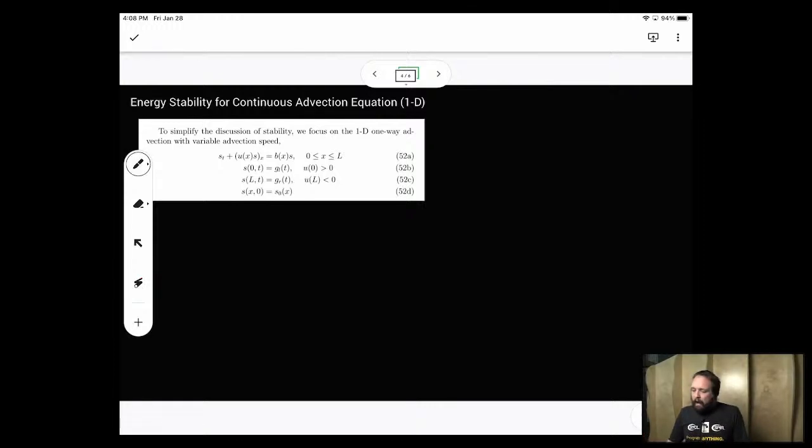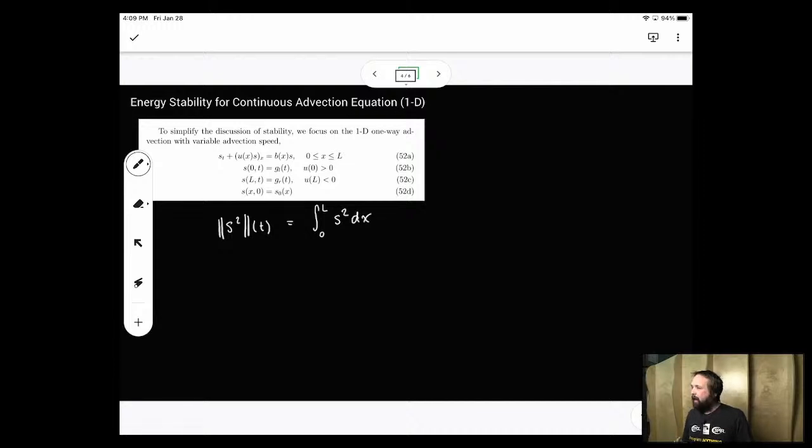All right, so how do we do that? Again, what we're looking for is, how does S squared look in relation to the initial condition at a later time? That magnitude is going to be the integral from 0 to L, so the integral over all of space of S squared dx.